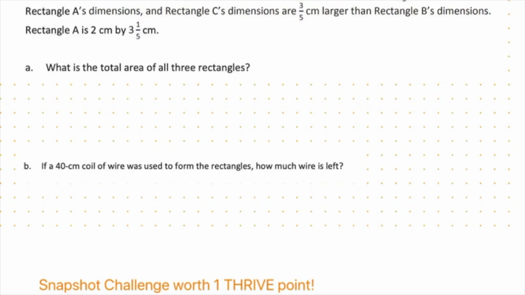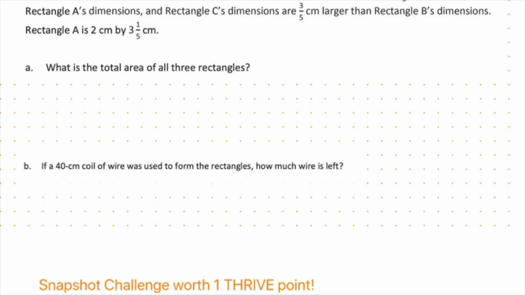Rectangle B's dimensions are 3/5 centimeters larger than rectangle A's dimensions. And rectangle C's dimensions are 3/5 centimeters larger than rectangle B's dimensions. Rectangle A is 2 centimeters by 3 1/5 centimeters.